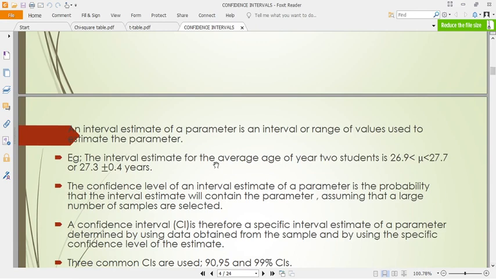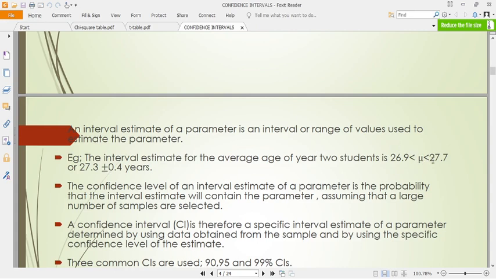So for example, if I'm interested in getting the average age of year 2 students, I get a mean or a specific age, then add and subtract what I estimate the error to be.